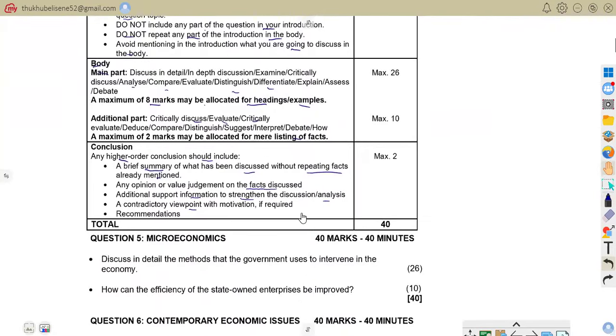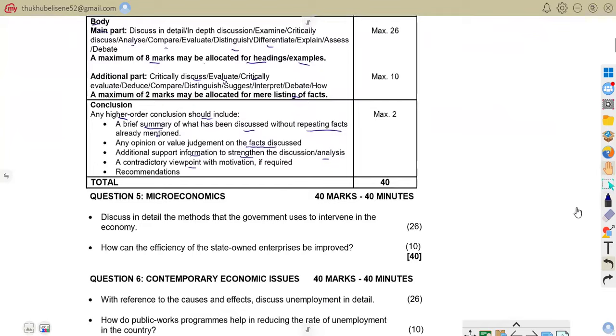Now let us come to question 5, microeconomics. You know that you're going to be awarded 40 marks for the question that you're going to answer, either 5 or 6, but like I said, make sure that we attend to both question 5 and 6.